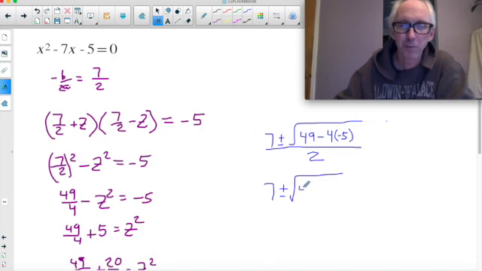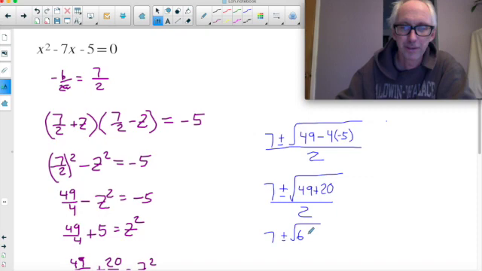Okay, so it's going to be 49 plus, and 4 times 5 is 20, all over 2. And inside the square root now, you want 49 plus 20, 69.